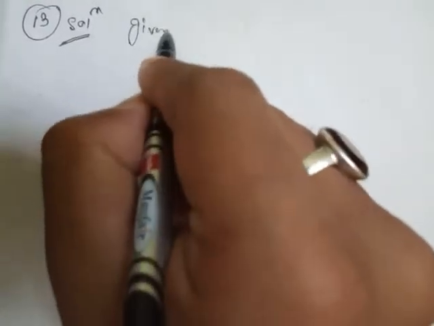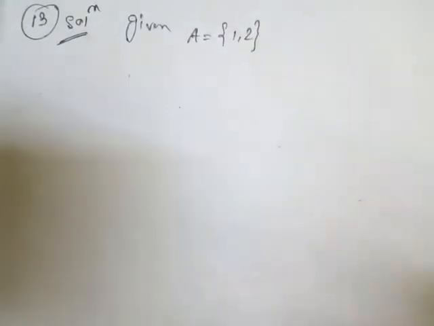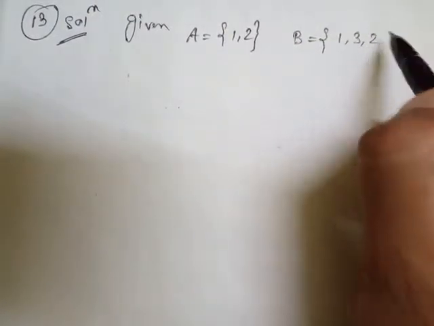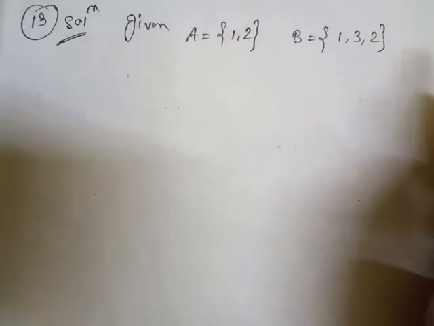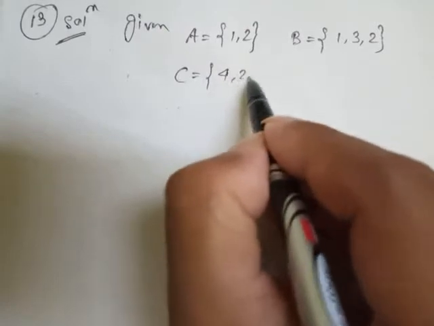Now students, look at how to solve this question number 13. I'm writing here 13 solution. First of all, what is the given part? A equals {1, 2}, B equals {1, 3, 2}, and C equals {4, 2, 1}.